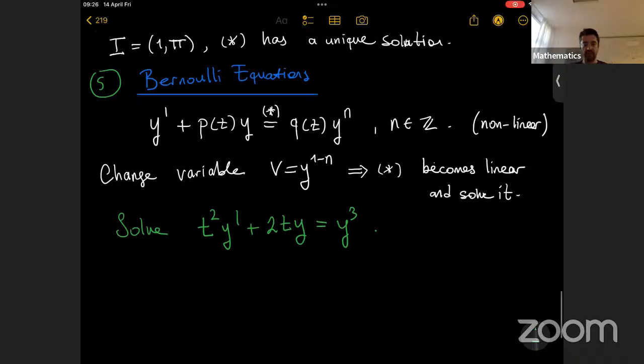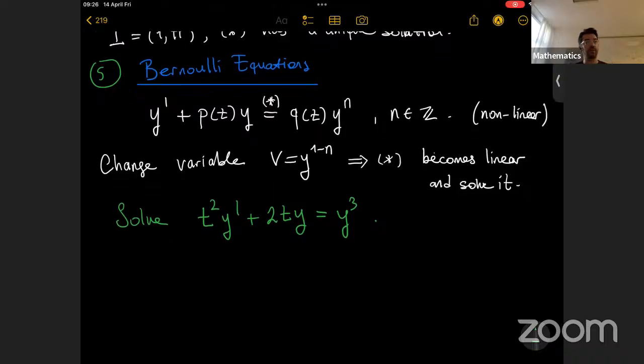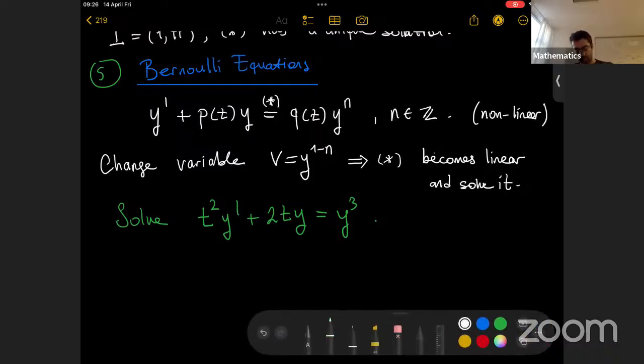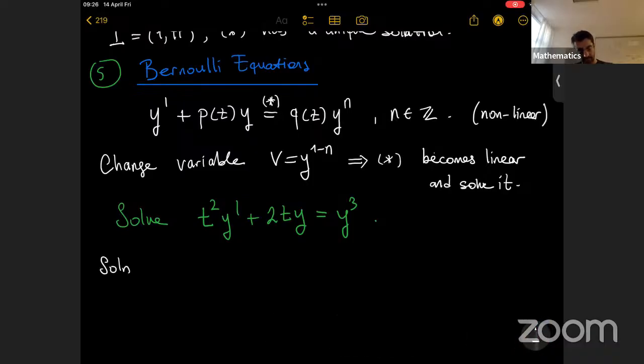So this is not linear for sure because we have y cube. You can write this in a better form, maybe y prime plus 2 over t y is equal to y cube over t square, okay?